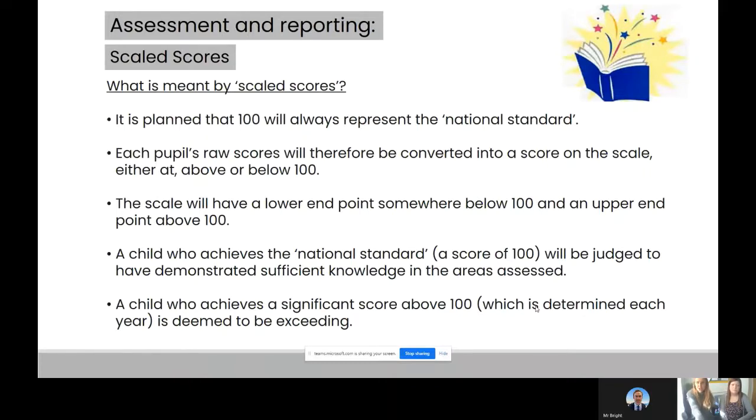The scale will have a lower end point, somewhere below 100, and an upper end point, which is above 100. And a child who achieves the national standard, which is a score of 100, will be judged as having shown the expectation. And then a child who achieves a significant score above that 100 will be deemed to be exceeding, so can work at a greater depth level.